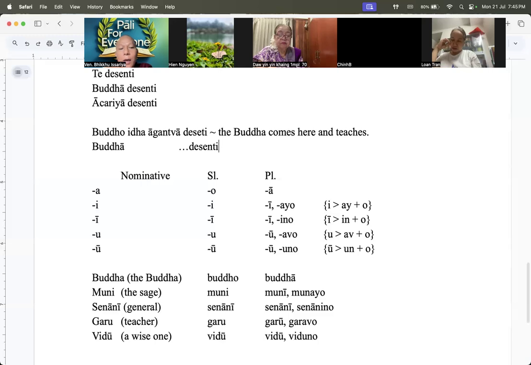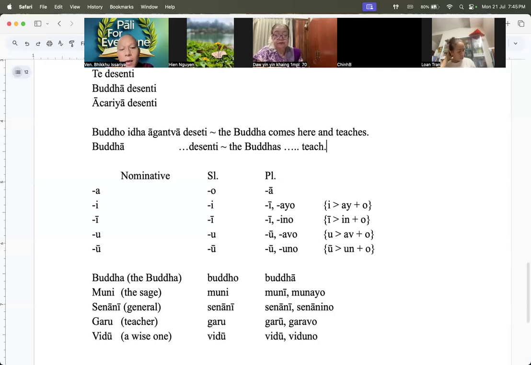So Buddha, idha, agantva, we don't need to change. So the Buddhas teach like that.